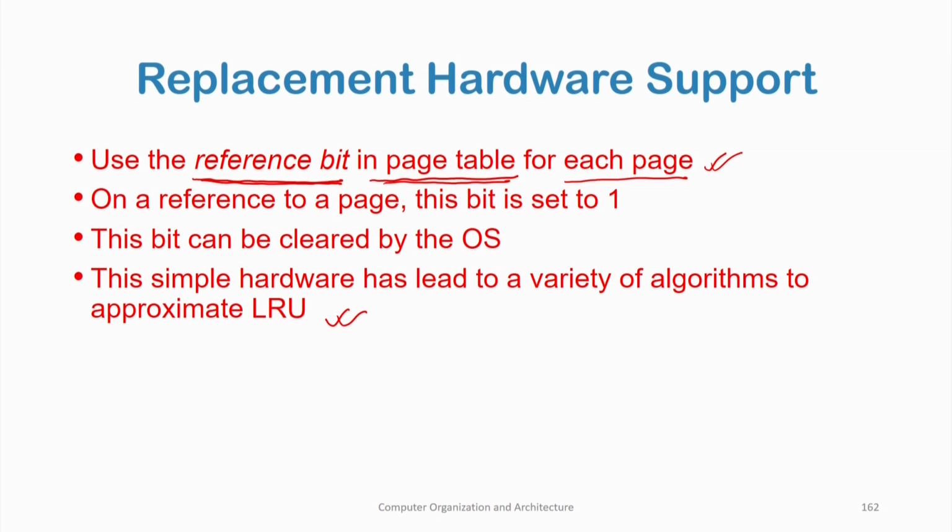This simple hardware has led to a variety of algorithms. So, the first technique of approximate LRU is that I have a reference bit for each page in the page table, and whenever a page is accessed within a given epoch of time, I set the reference bit.